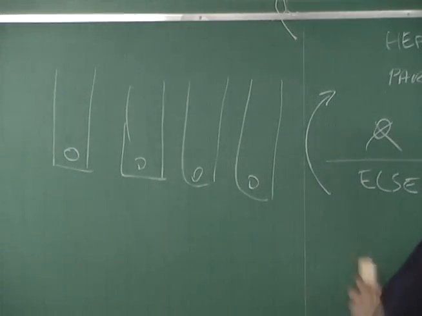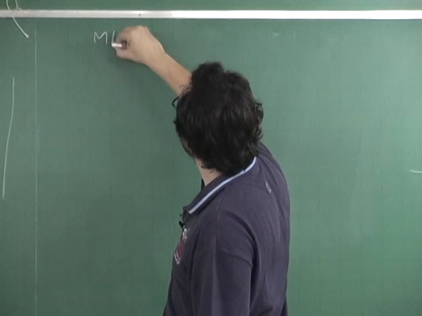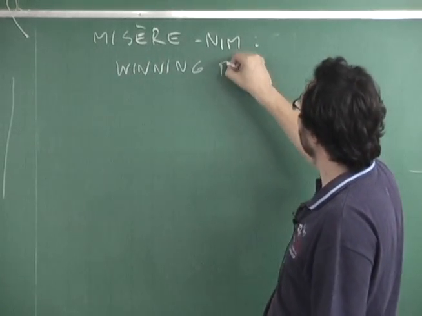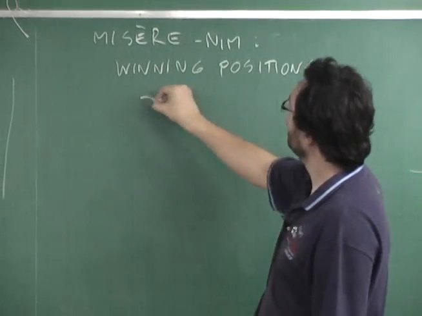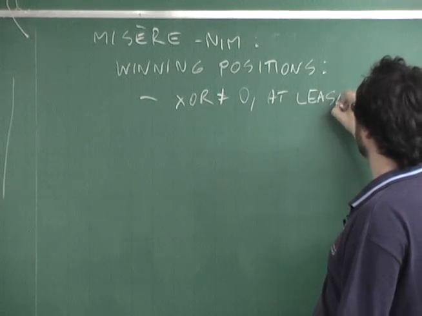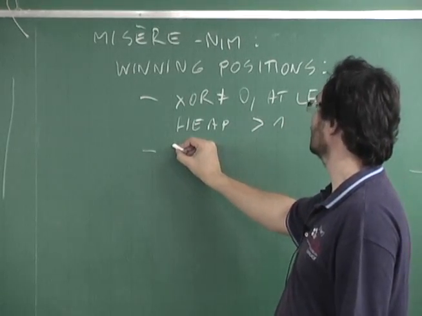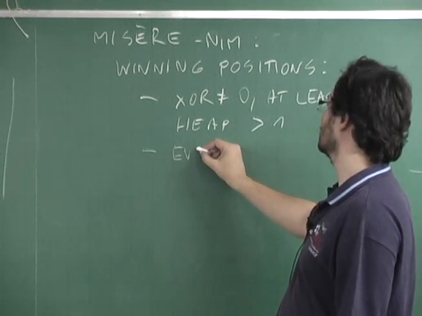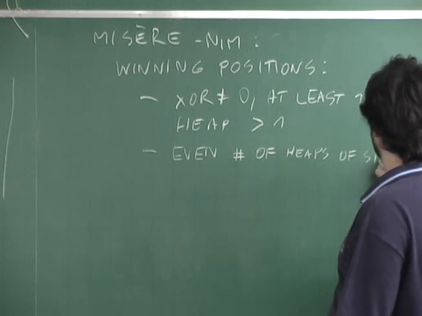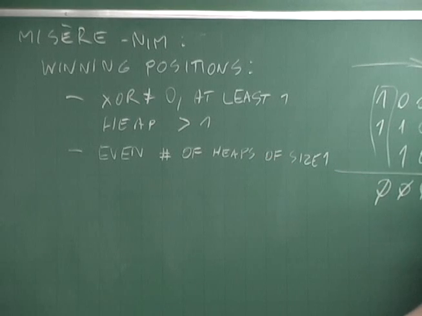So to summarize, these are exactly all of the winning positions in the miser play NIM.